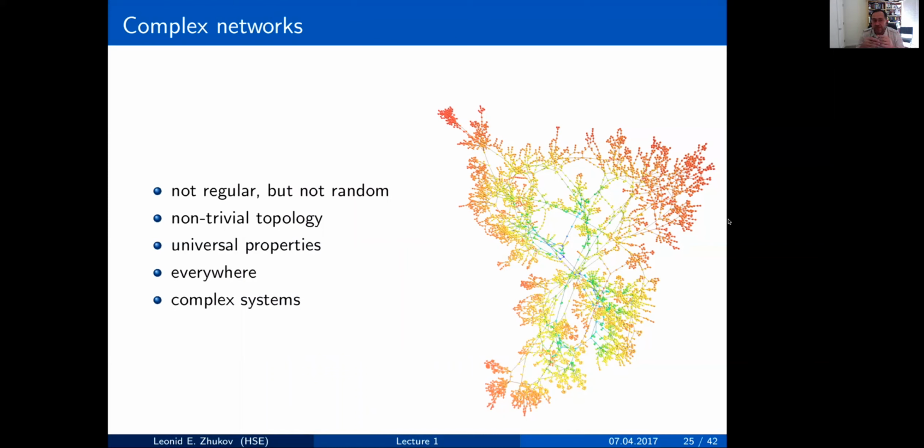Networks are everywhere, and networks are actually very complex systems. And a complex system means the following. It means that if you take the system and cut it into pieces, and you start studying each and every piece, it's not going to help you in understanding the behavior of the system. So this reductionism does not work.